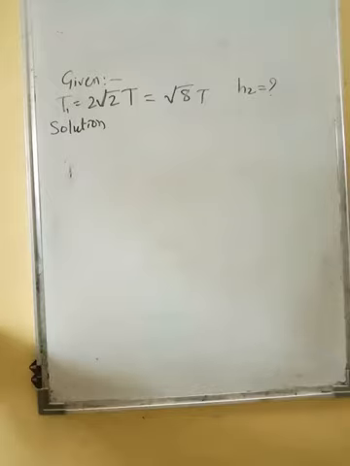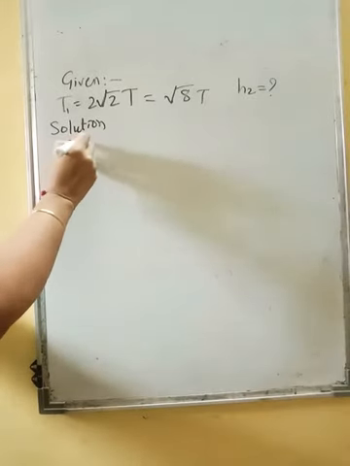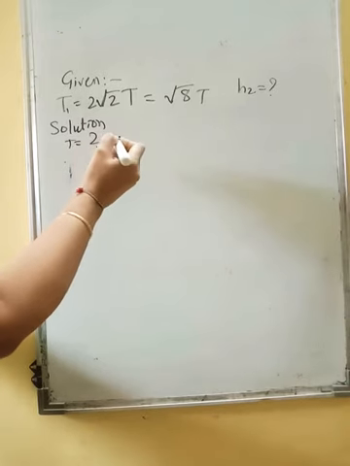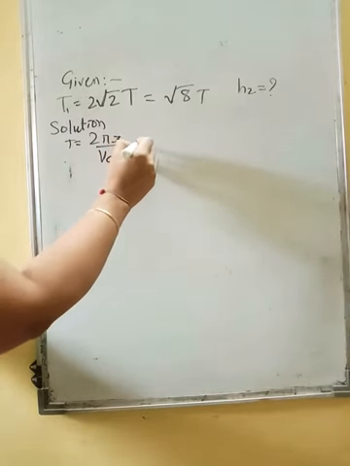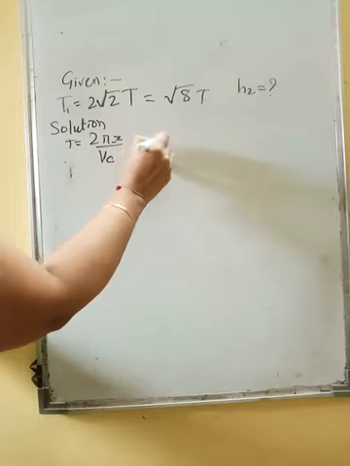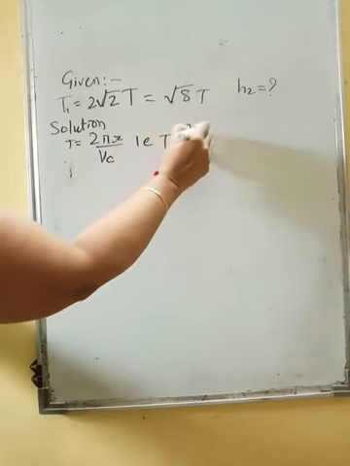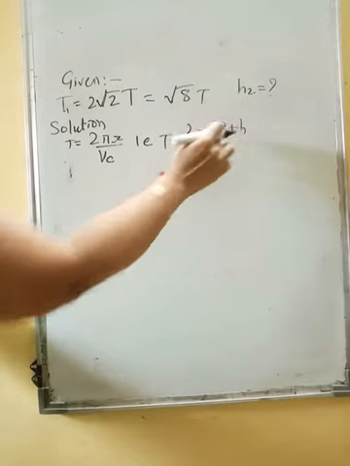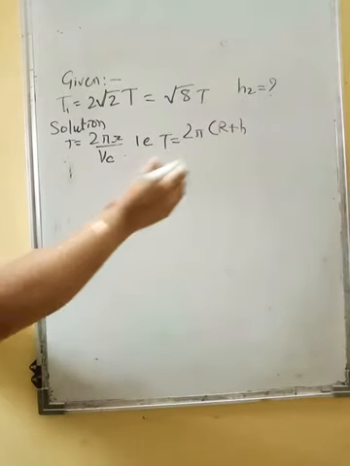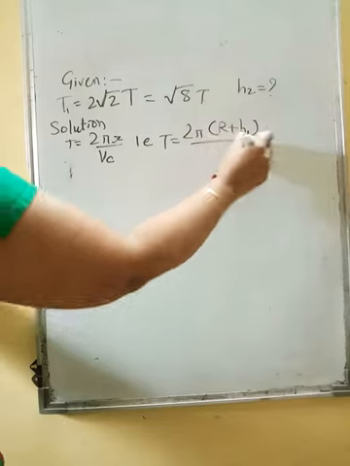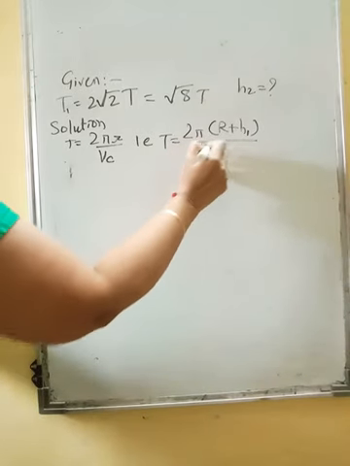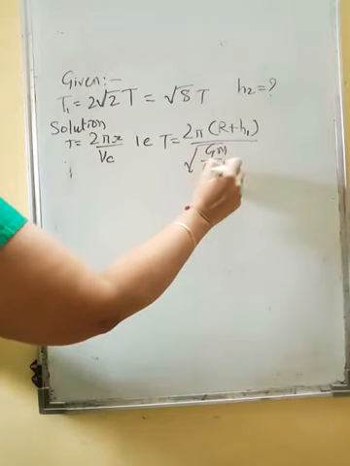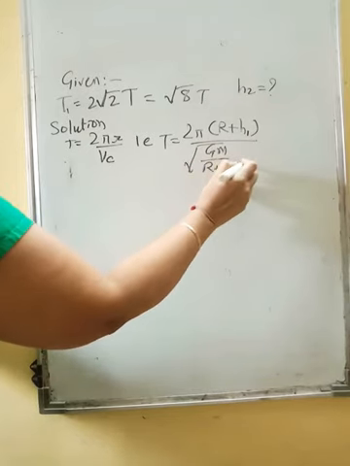So now, children, what is t? T is equal to 2 pi r upon vc. And what is vc? See, now here this r is nothing but r plus h. हाइट दिया है ना, तो वहाँ पे वो h1 लेंगे पहले में, अपॉन स्क्वायर रूट ऑफ gm अपॉन r plus h1 के लिए ये हो जाएगा.